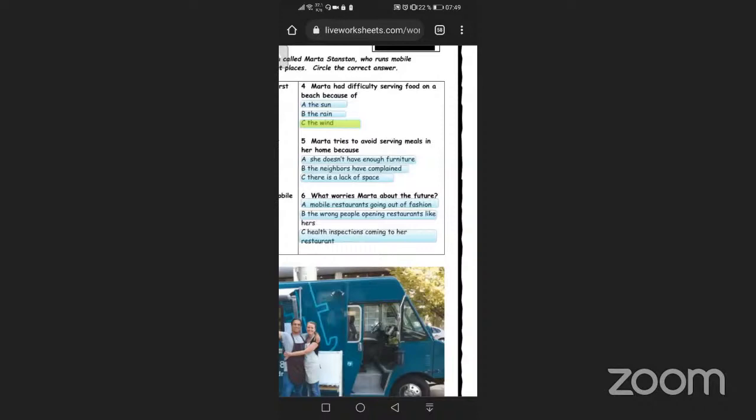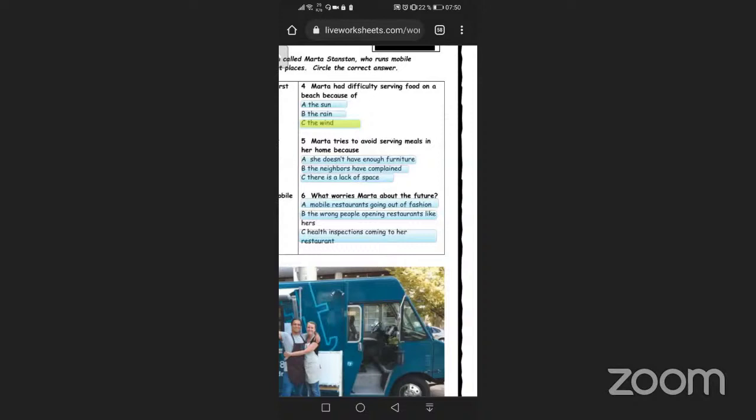Number 5, please. Martha tries to avoid serving meals in her home because she doesn't have enough furniture, the neighbors have complained, there is a lack of space. So what option? The neighbors, the neighbors had complained.